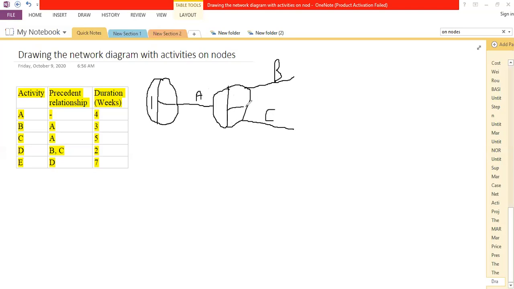Now we have to introduce a dummy here. The reason: the activities A and B are starting at the same node here. They are not supposed to end at the same point. And because the two of them are acting as predecessors of another activity, we have to be careful on how to determine this combination.